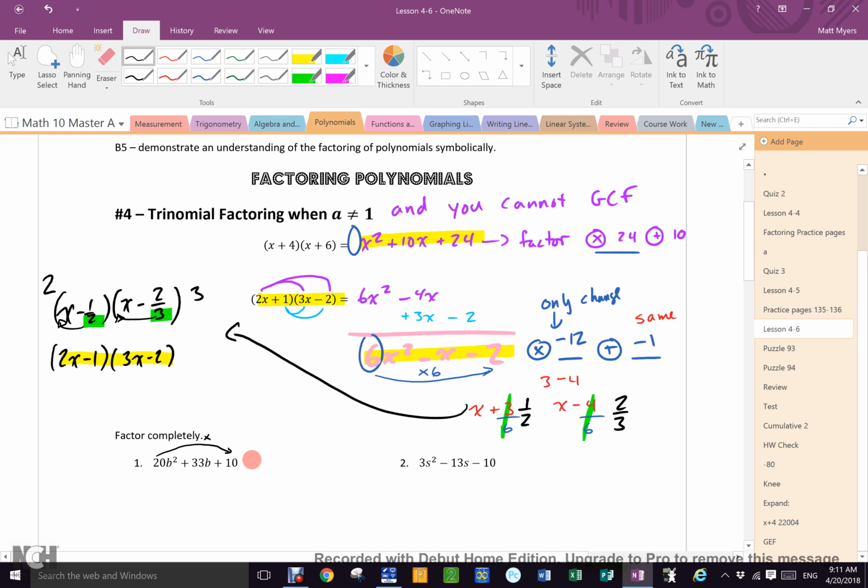20 times 10 is what? 200. And I need to add to what? 33. Is it 1 and 200? 2 and 100? 4 and 50? 5 and 40? 8 and 25?